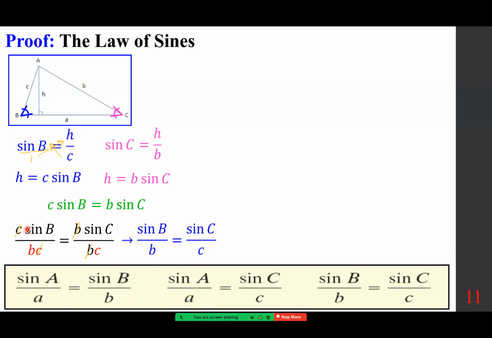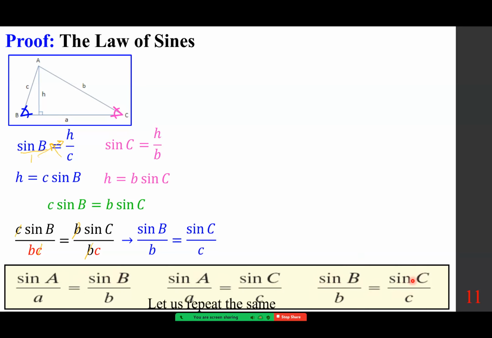It's a portion of that sine law. In essence, if you look at the bottom, they have written 3 of those. You can prove 3 of those, and then you set all 3 equal. So we proved, in essence, this part.